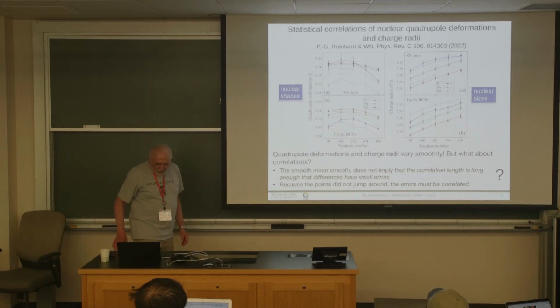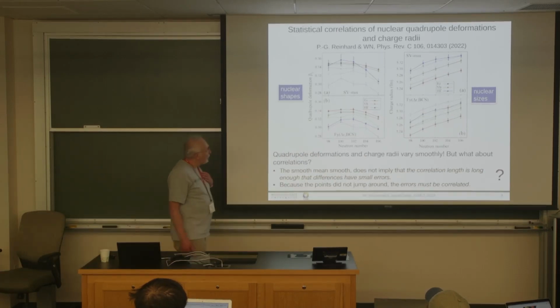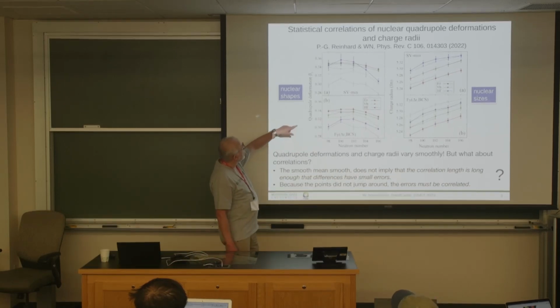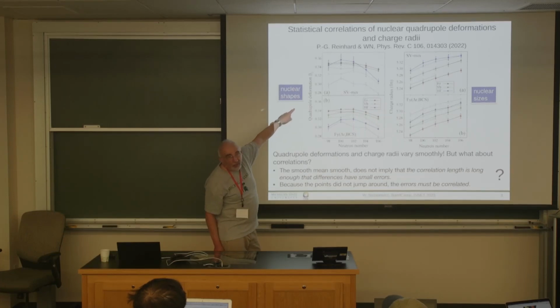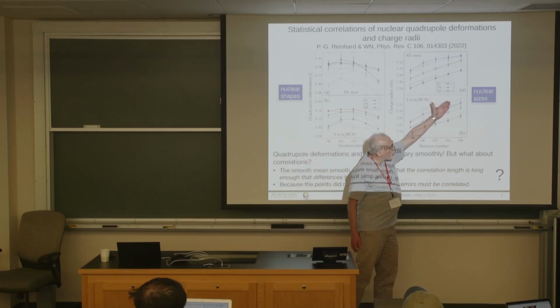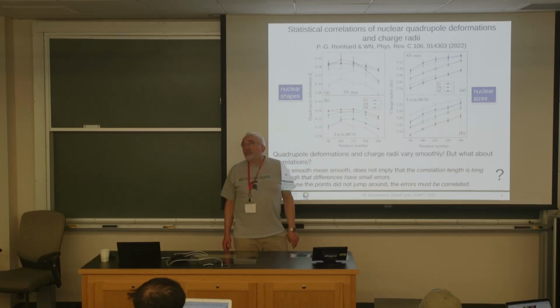Okay, I'm just going to show you some results. So there's a paper from 2022 in which we are trying to look at two quantities. The first quantity is quadrupole deformation, which has something to do with nuclear shapes. Quadrupole deformations describe nuclear shapes. Okay, and charge radii, and those define nuclear sizes.